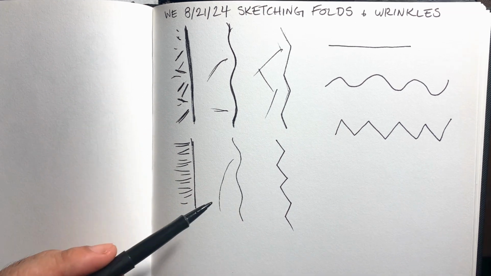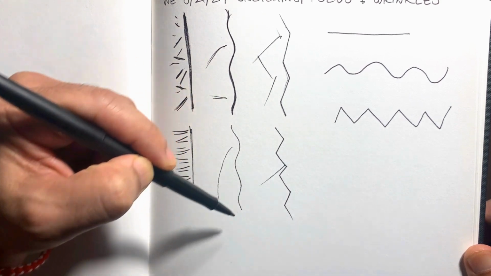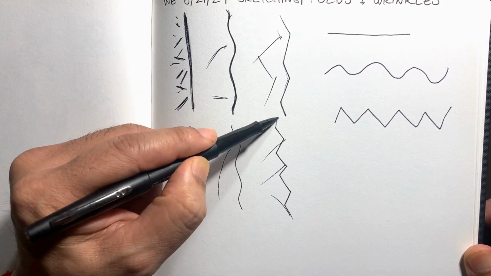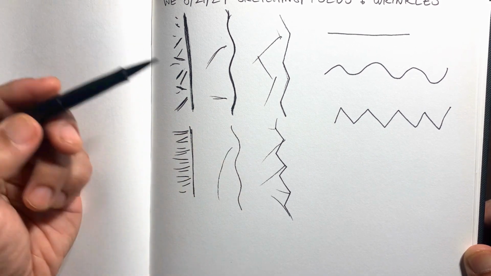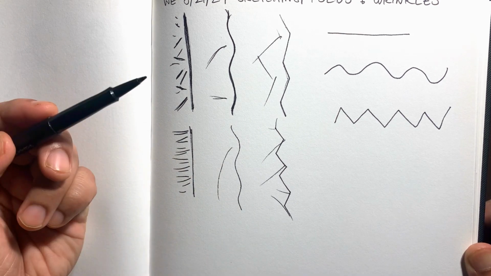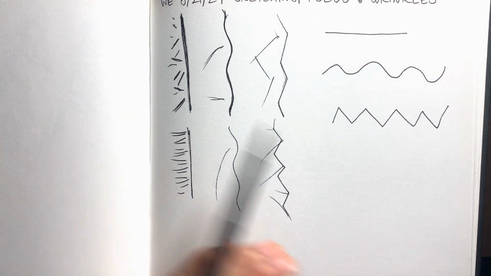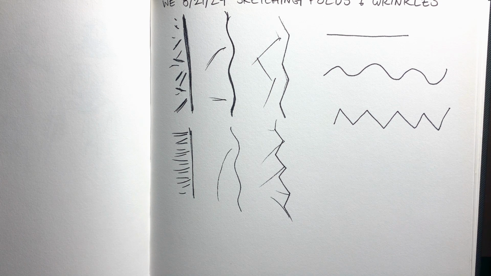So see, you can kind of extend so they're kind of like mountains. And in fact, that's why I like to simplify everything, because really drawing is about simplifying it, simplifying what you see.